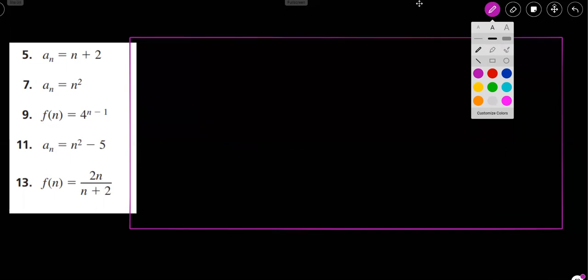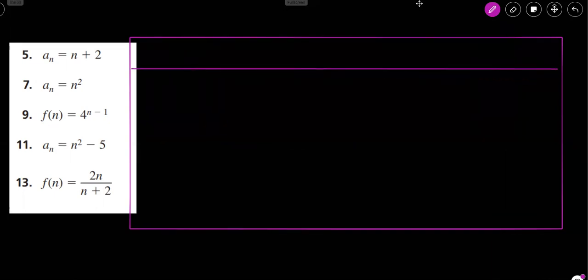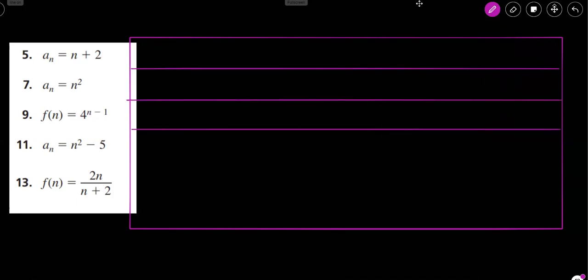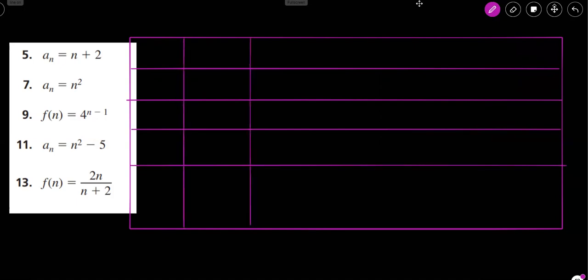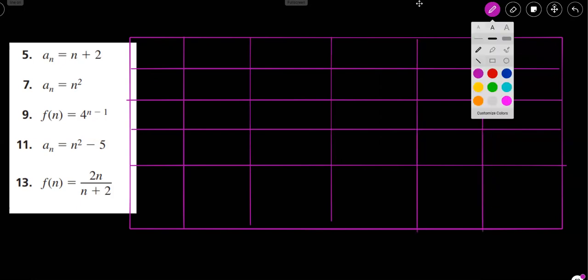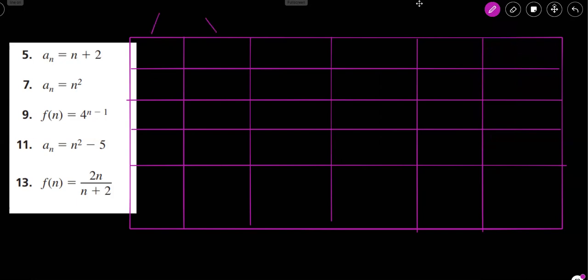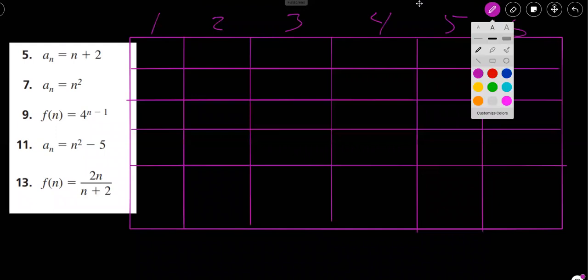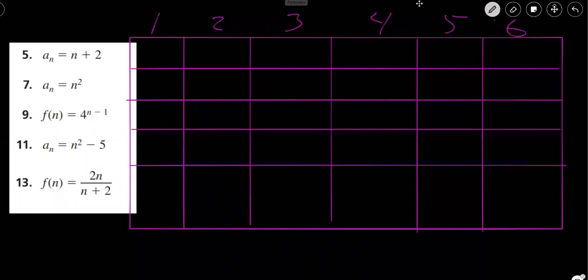If I want to find the first 6 values in this sequence, I can just plug my numbers 1 through 6, position 1, position 2, position 3, 4, 5, and 6, into each of these rules and find the value at that position.